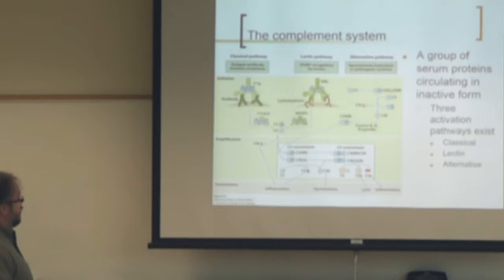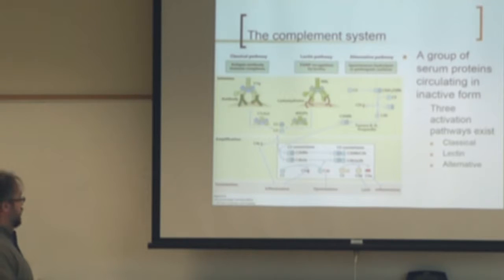C3B will then bind to the cell surface and form this other C3 convertase, which is C3bBb, if there's any level of Bb around. And then it'll also bind to C4B2A and create C4B2A3B, which is a C5 convertase.